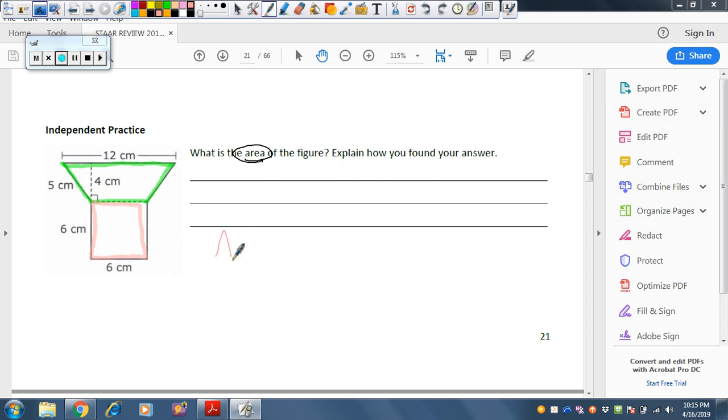Your square formula and your trapezoid formula. Now, base 1 is probably 12. Base 2, though, is this line right here. And your height is 4. Don't use 5 at all, it's a trick.